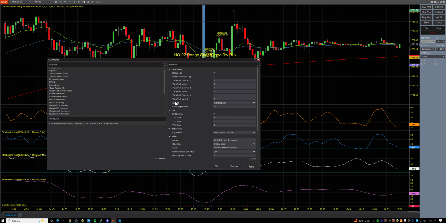Now, the stop loss type here is very important. When we trade divergences, the reason divergences are so good is because there's a visual confirmation, there's a mathematical confirmation, there's all these things that make it easy to spot. And if it's easy to spot, then you know how to put a stop underneath that. If that's the signal, then you put a stop right underneath the signal that was given.